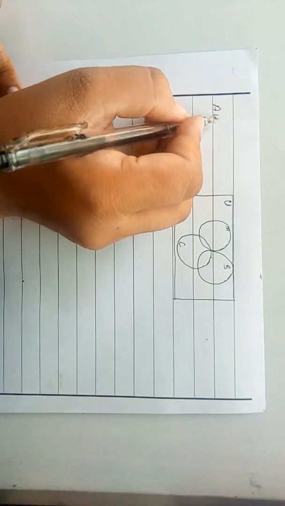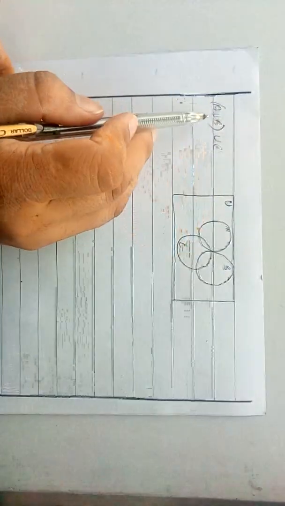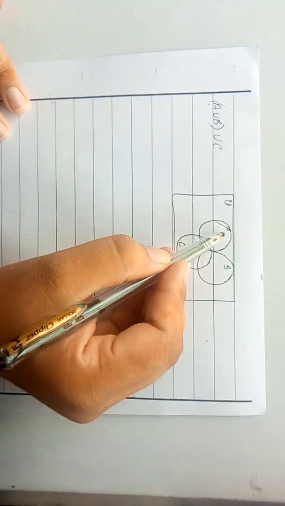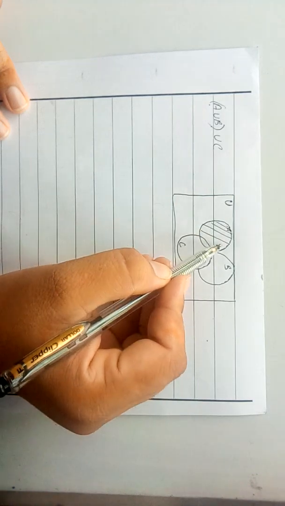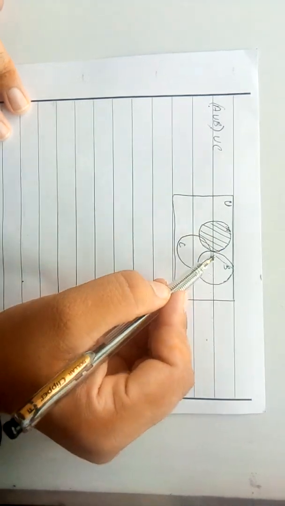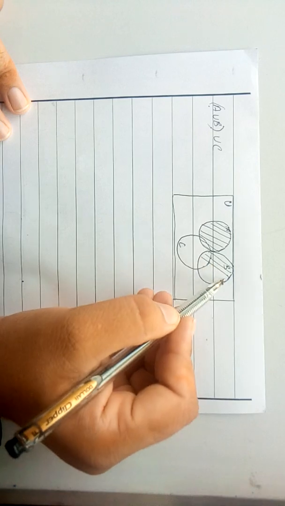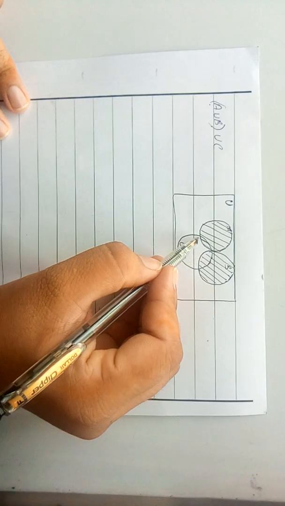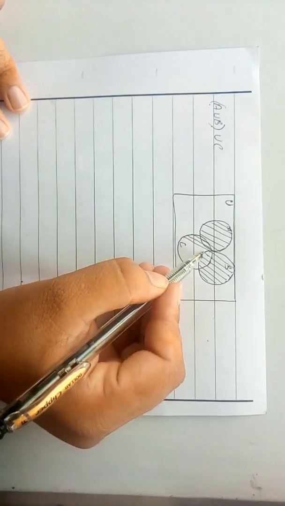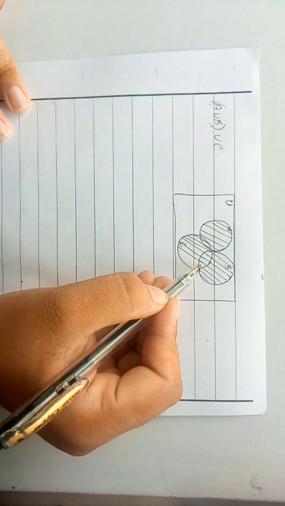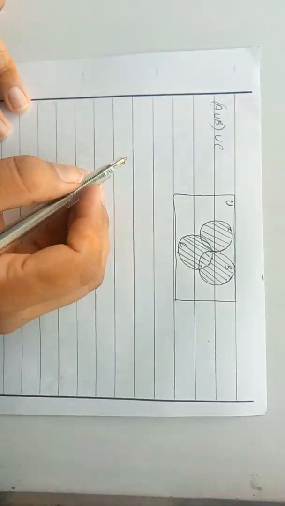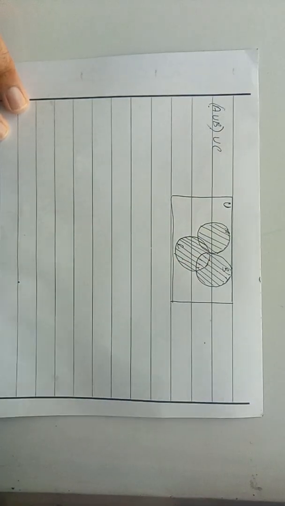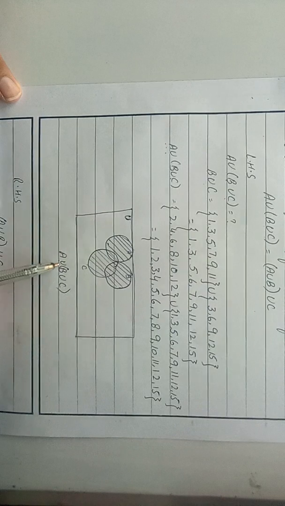Student, that is (A union B) union C. It means first we consider A and B. This is set A and set B, and we will shade all of their parts because it is a union of two sets, so all the elements of A and B will be included in A union B. Next is union C. Next we will shade the remaining part of C, which forms (A union B) union C. So student, this is the Venn diagram of (A union B) union C, and lastly we compare it with the Venn diagram of A union (B union C).